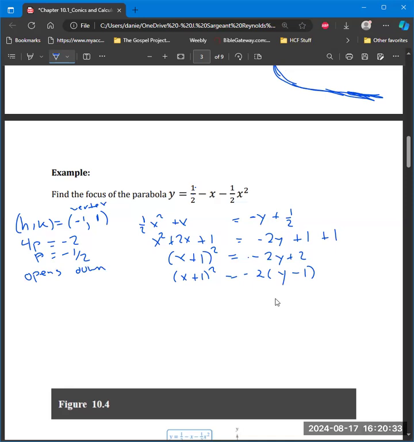And so my focus is at, leave the x value alone, and 1 plus p gets me to my focus. It's going to be negative 1 and then 1/2.